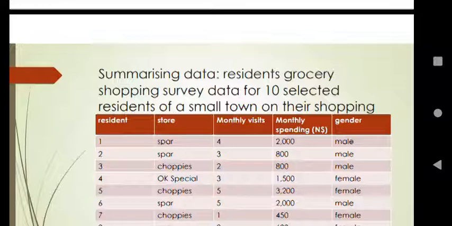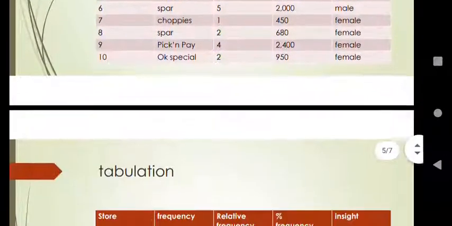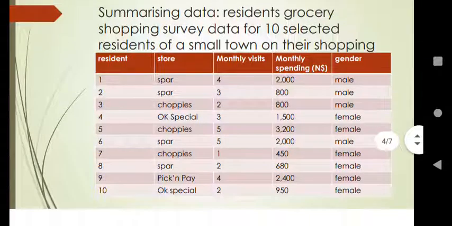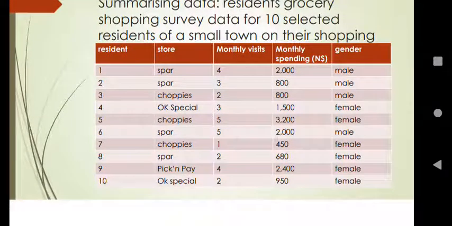These 10 are randomly selected, and let us see. So we have the element, which is residents, and we have random variables there: store, monthly visits, monthly spending, and gender.